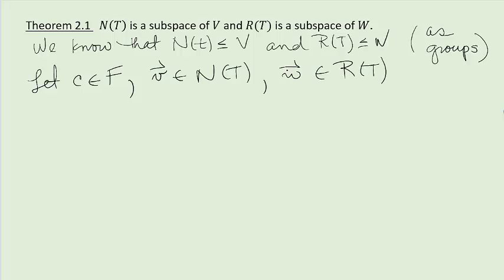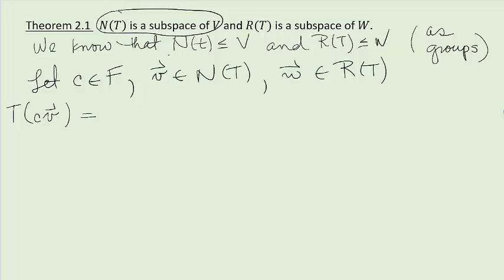All right, so first of all, to finish off the proof that the null space is a subspace of V, we need to show that if V is in the null space, then CV is in the null space. In order to show that, we want to see where T sends it.